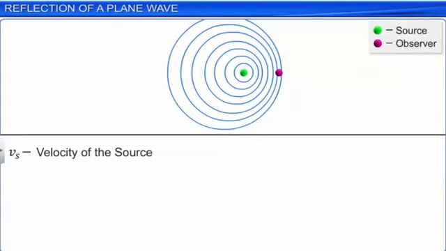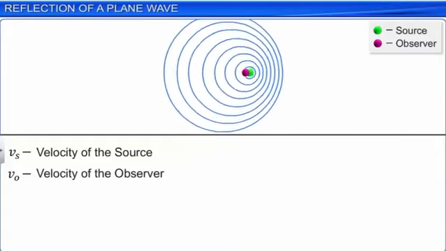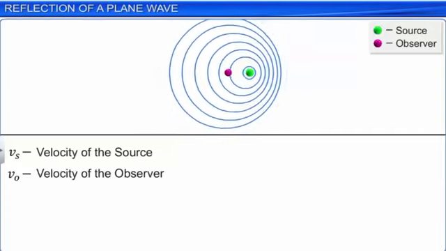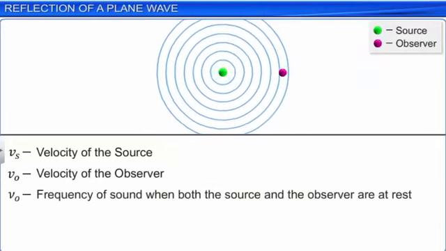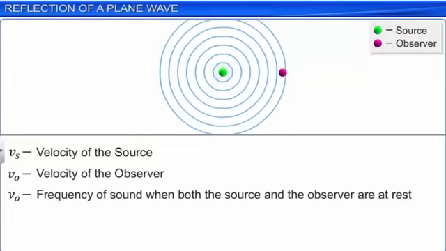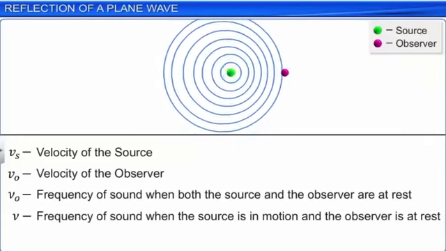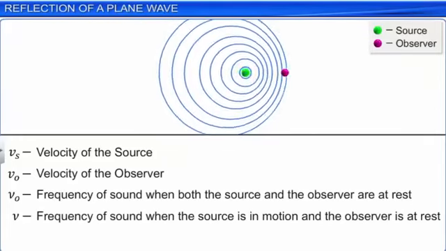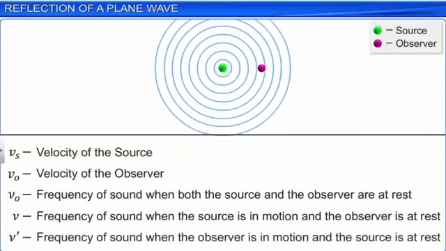Let Vs be the velocity of the source, Vo be the velocity of the observer. Both these velocities are relative to the medium in which they propagate and act along the line joining them. Also, let nu0 be the frequency of sound when the source and the observer are stationary, nu be the frequency when the source is in motion and the observer is at rest, and nu' be the frequency when the observer is in motion and the source is at rest.